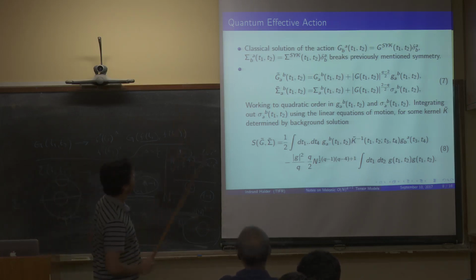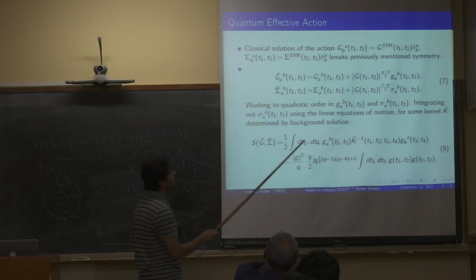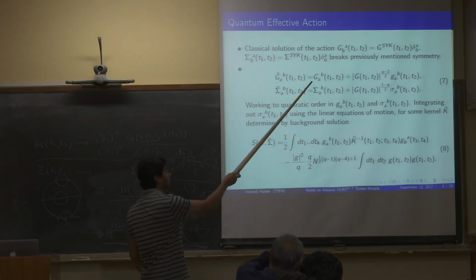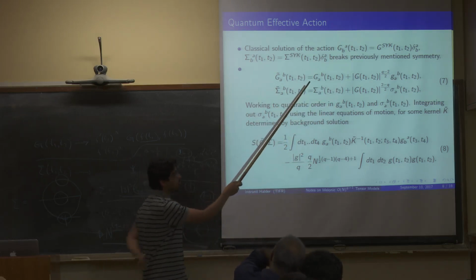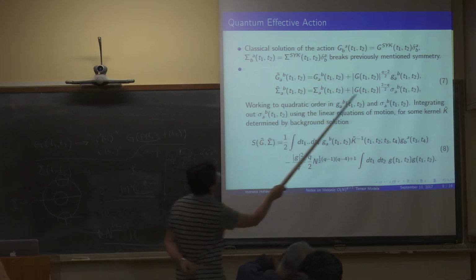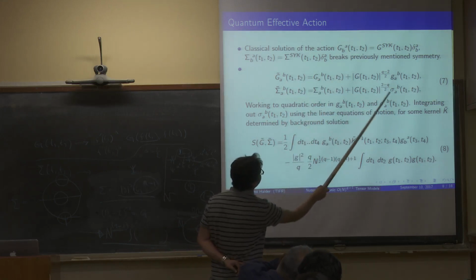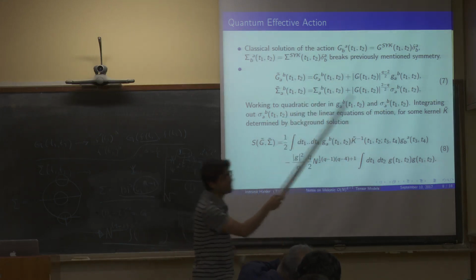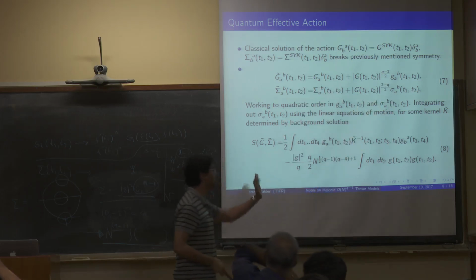Now we are going to calculate some effective action for these V fields that I have written down. That we do by expanding this field G and sigma around the classical solution. Currently I am not assuming that these are the conformal solutions. I am assuming these are some classical solutions of the gap equations, and I am expanding them. This small g is the fluctuation of the 2-point function, and this is the fluctuation of the self energy in this notation, and I am scaling them properly for some calculational simplicity.